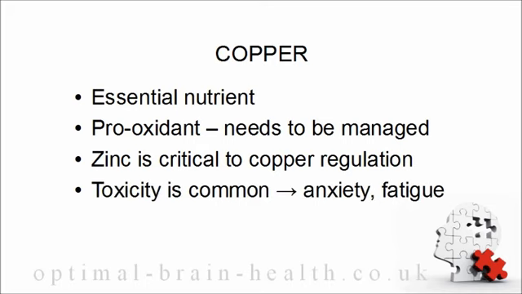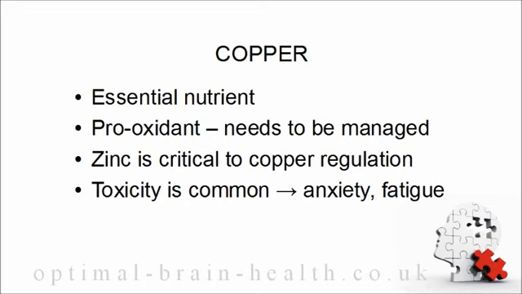For some people, it seems that copper can build up to high levels. For some reason, they don't manage it very well. And copper toxicity results in brain health problems, most notably anxiety, emotional volatility, but also fatigue. So again, checking out your copper status is one of the most important things to do in the functional assessment of brain health problems.